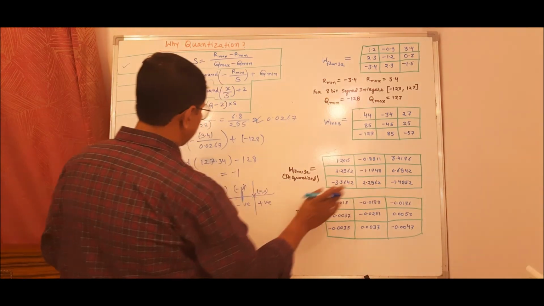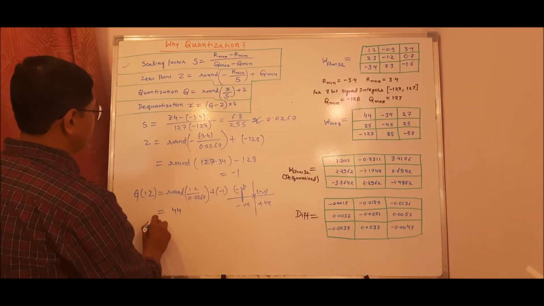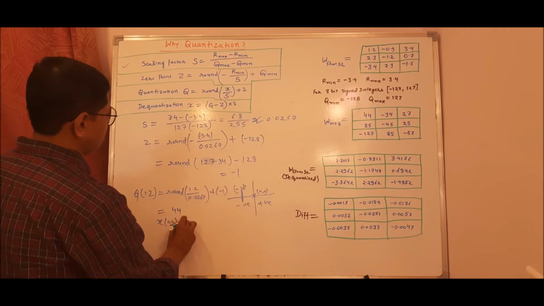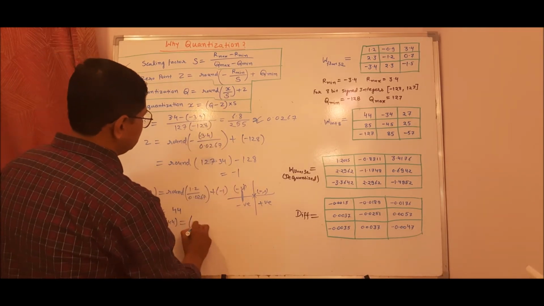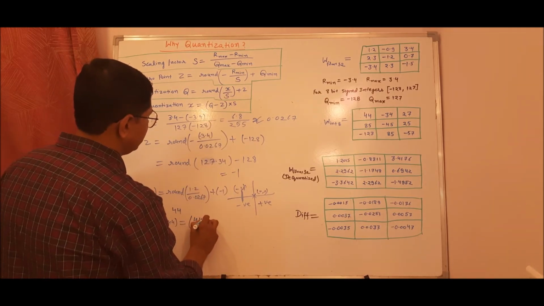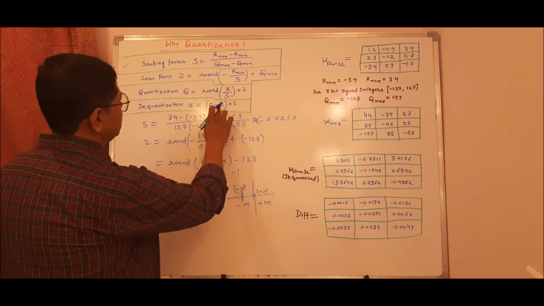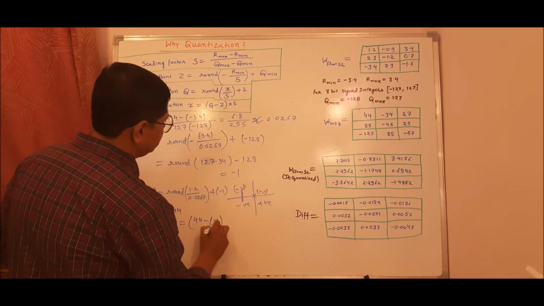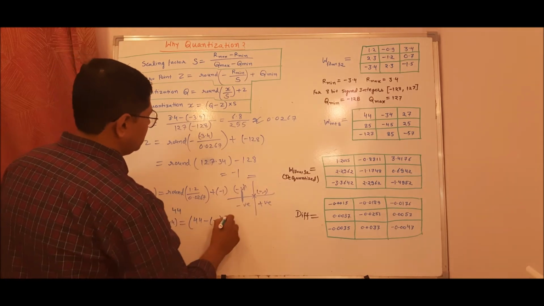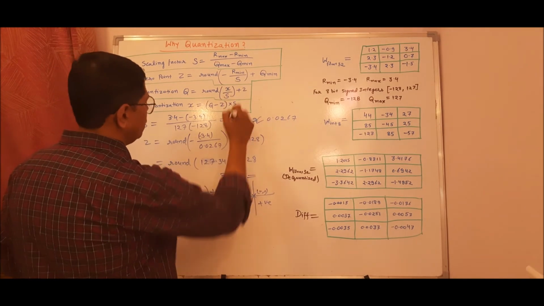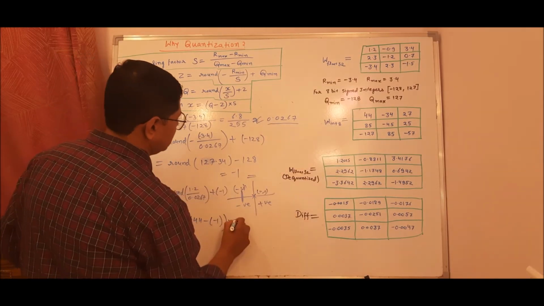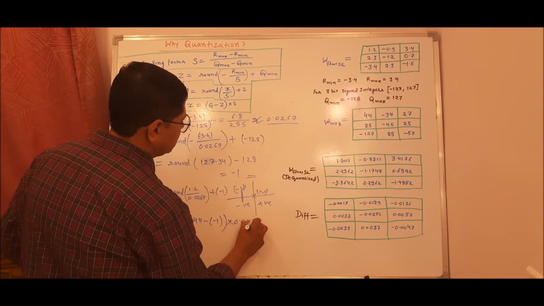Again, if you want to dequantize this 44, you have to apply Q minus Z. So you will take 44 minus, what is your Z? Minus 1, that is calculated here, times S, the scaling factor, that is 0.0267.